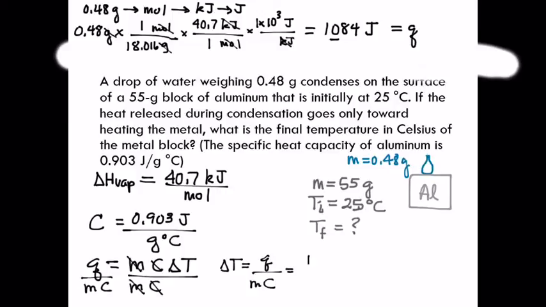So we just figured out what Q was, 1084 joules. Down here we've got the mass of the aluminum block, 55 grams. And we've got the specific heat capacity, 0.903 joules per gram degrees Celsius.